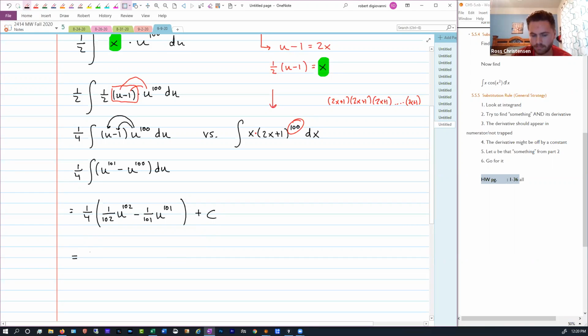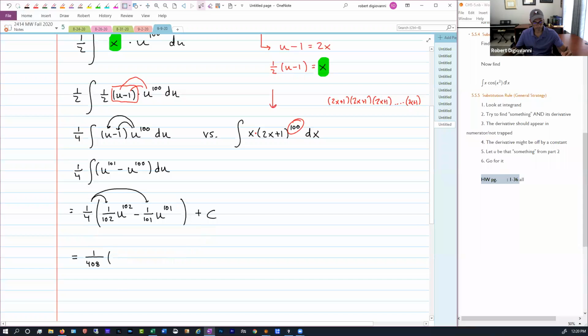Okay. So now, Ross, what we want to do is replace our u's. I'm actually going to multiply the 1/4 through. 1 over 408, and u is 2x plus 1.